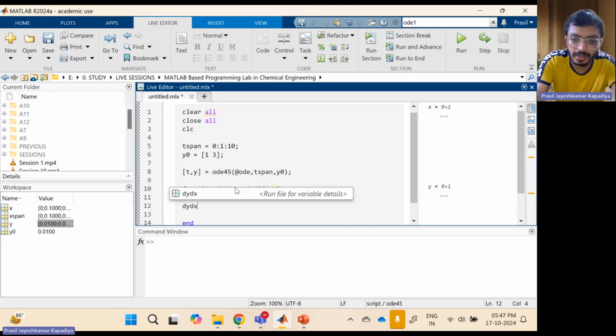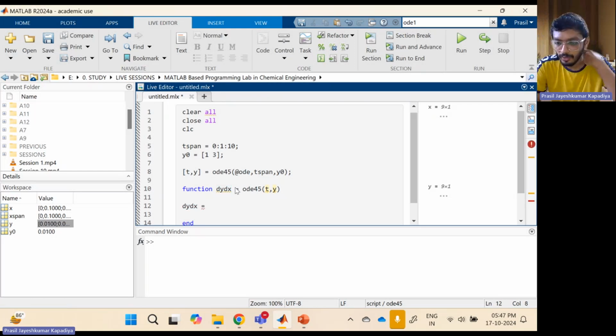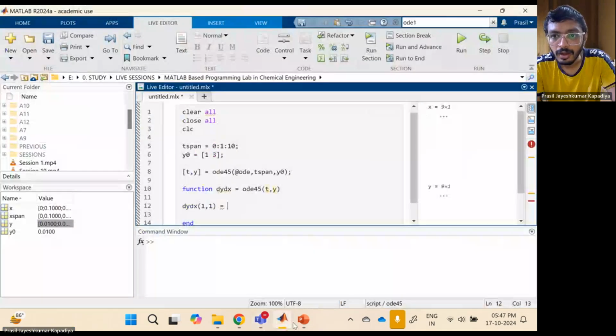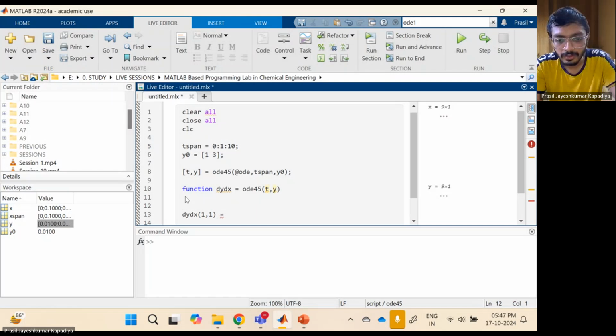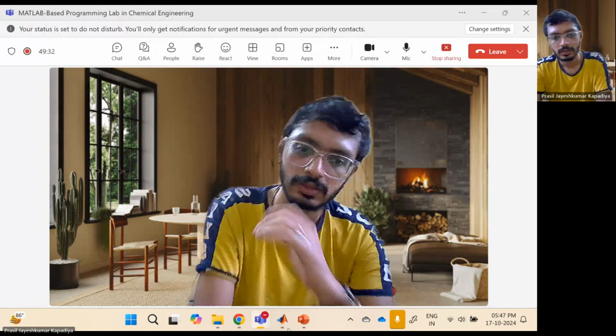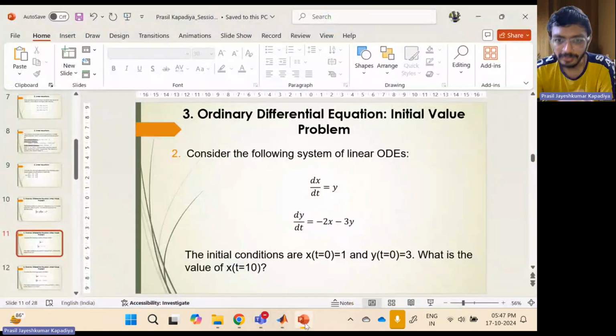So my function dy/dx is equal to, now here there are two equations, correct? So I need to write it like first row, first column. So what is my equation? Okay, so what we can do here, let's say y of 1 is equal to x and y of 2 is equal to y. So my first equation is dx/dt is equal to y.